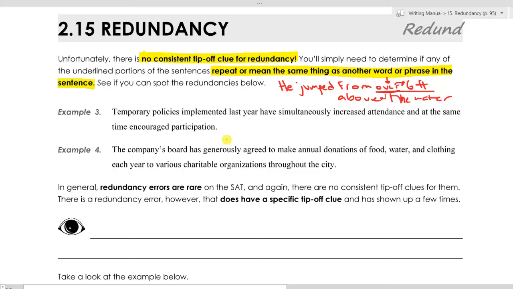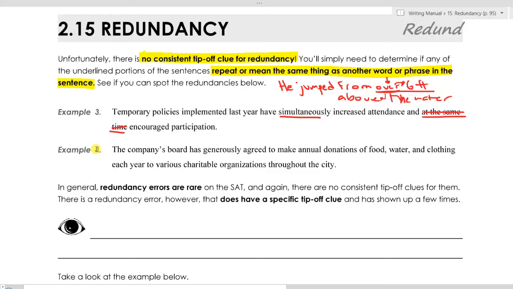What is redundant in this sentence is the simultaneously and at the same time. Simultaneously means at the same time. So getting rid of one of these two simply reduces the size of the sentence by 4 words. It doesn't change the meaning at all, because we have already said simultaneously here. We do not need to say at the same time here.